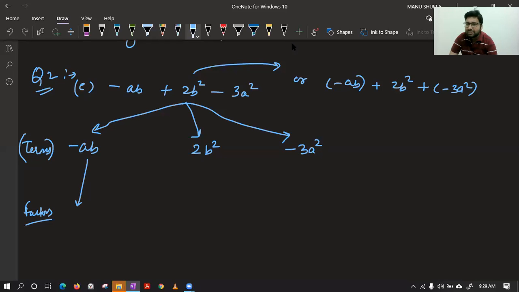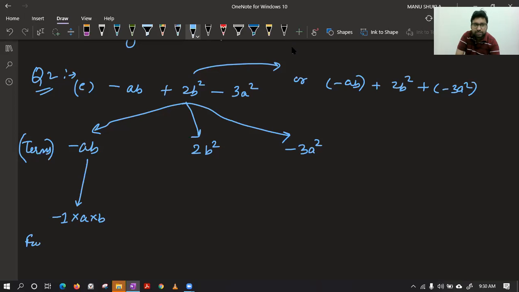You can say minus a is correct, but you can take minus 1 also, because minus ab came from minus 1 into a into b. Let me write like that. To make it easy, I can write minus ab as minus 1 into a into b. So suppose it is the prime factorization.